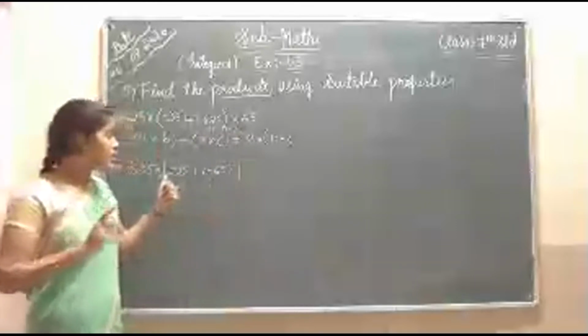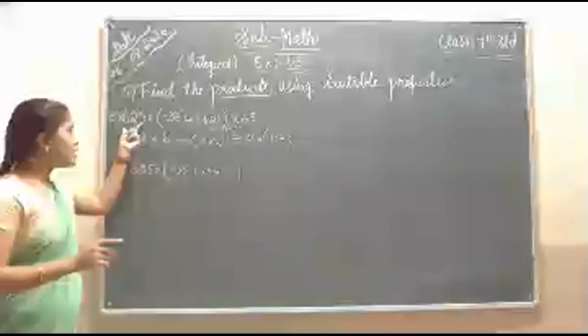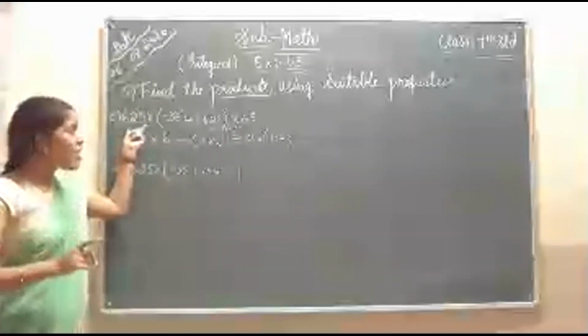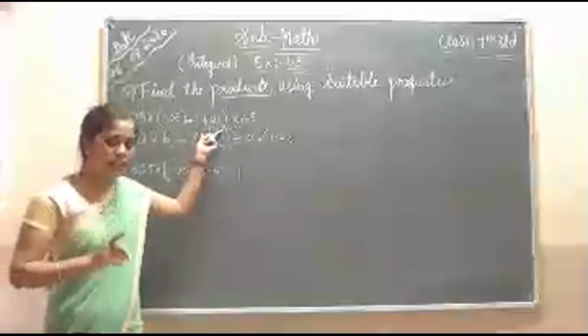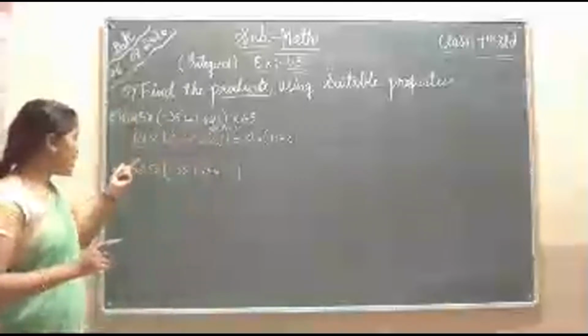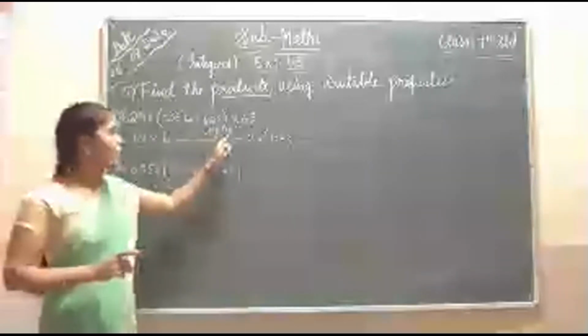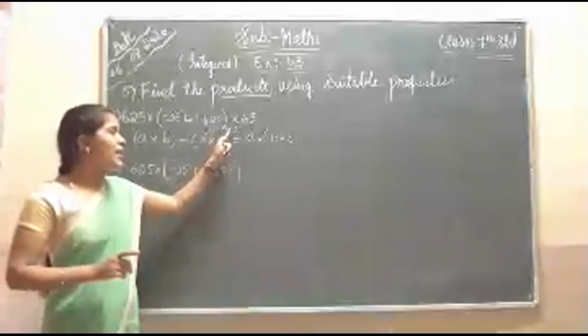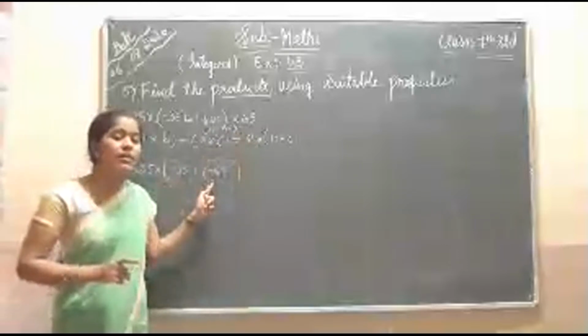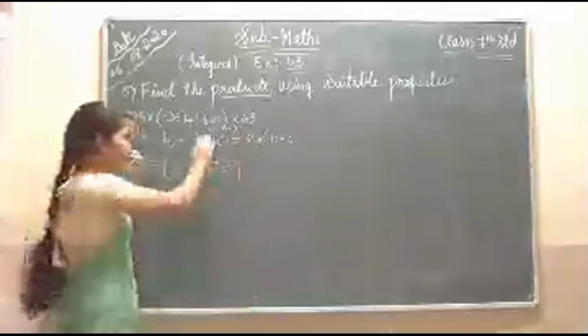Hope you understood. See, once again I will explain. Here the 625 is positive and here the 625 is negative. So we are taking 625 positive, so remaining here is 625 into minus 1. Minus 1 multiplied by 65, so we will get minus 65. Okay.